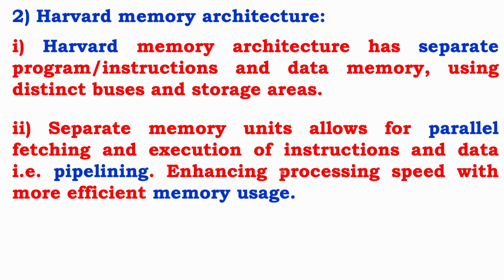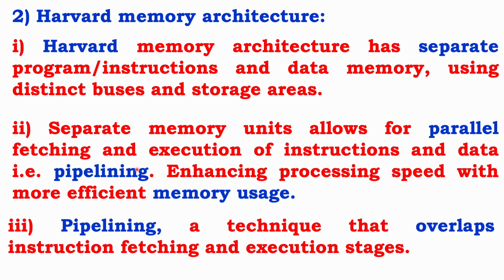Let us understand how this improves the speed of fetching and execution of instructions one by one. Let us understand clearly using the technique called parallel operation, or simply the pipelining technique, that overlaps the fetching and execution.